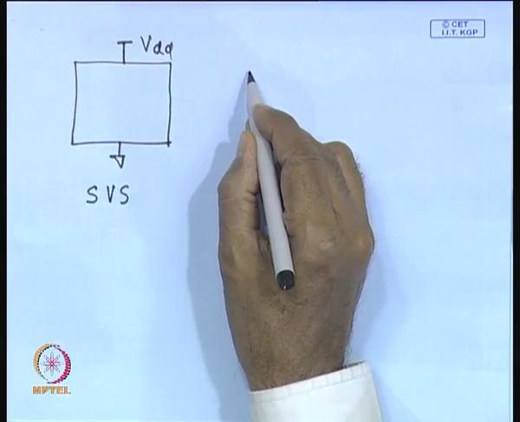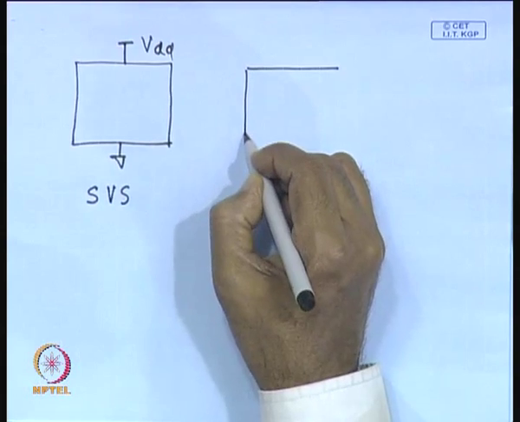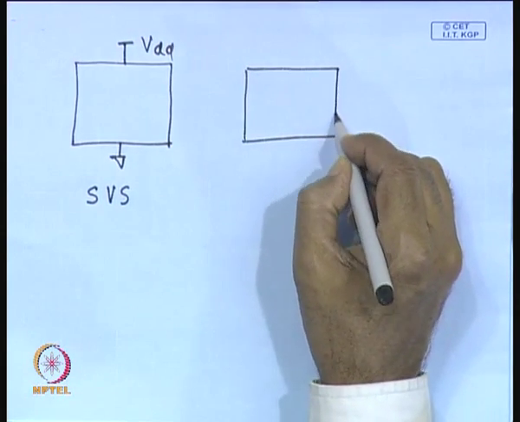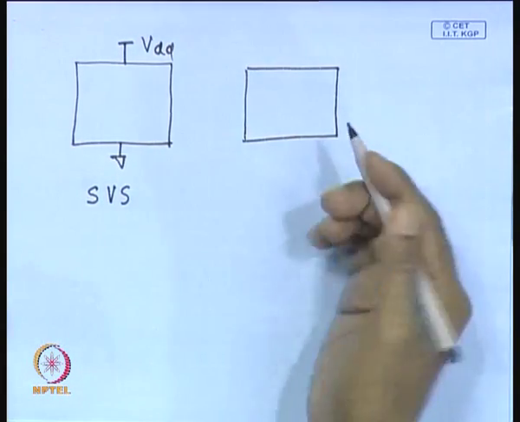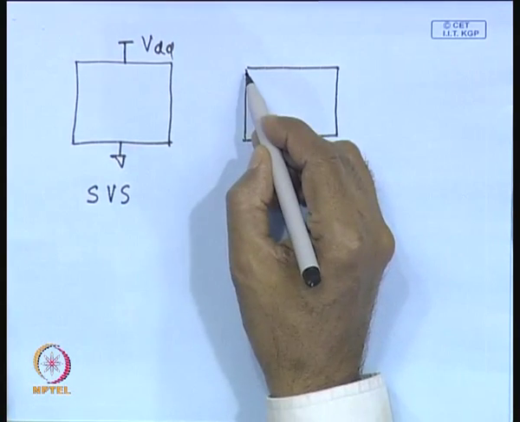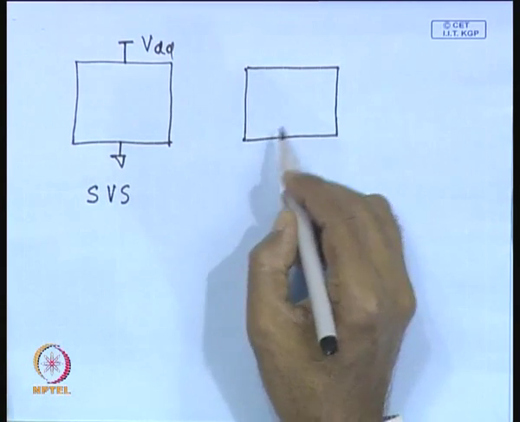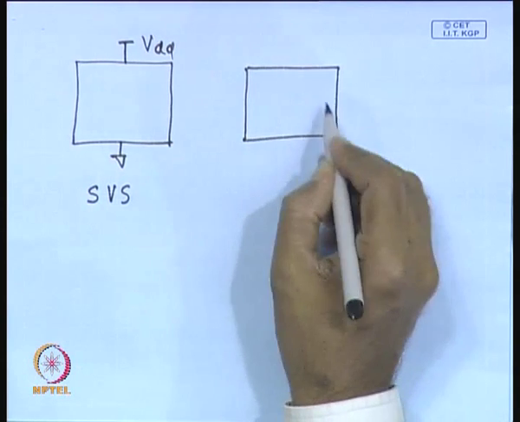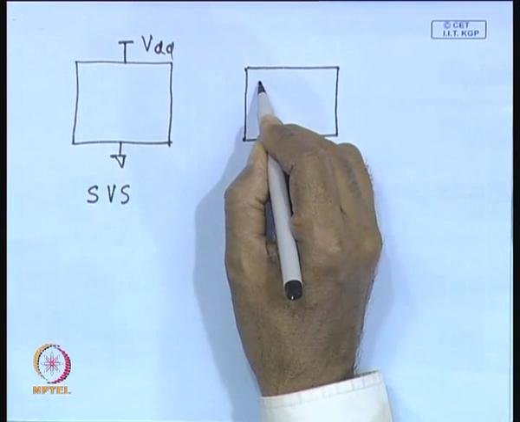Now, we are considering a situation where, inside a single chip, maybe an SOC or a single circuit, different parts of the circuit can be assigned different voltages.